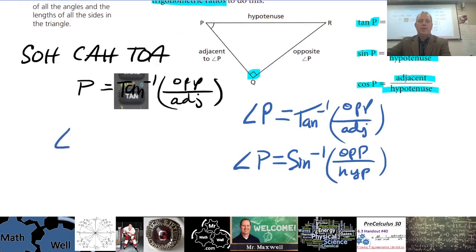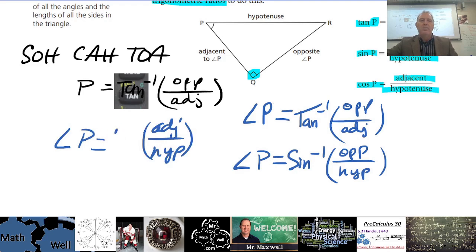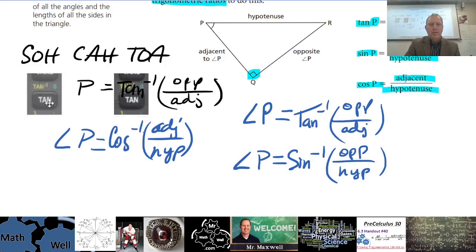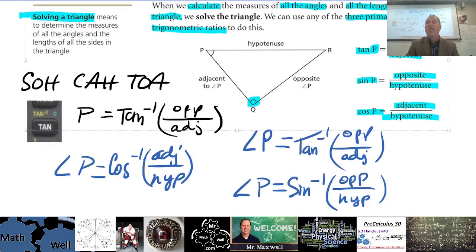And what's left? Adjacent over hypotenuse. If you're given that ratio or those lengths and you want to find angle P, then you use cos to the -1. All right, does that help? Is that okay? Yes.